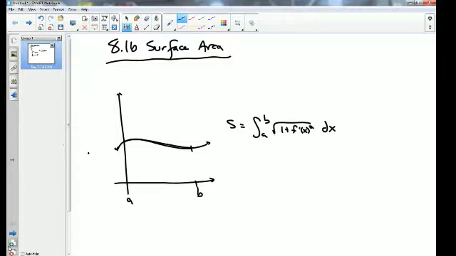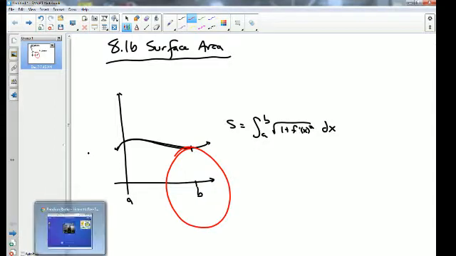Right. So the question of the day is, how can I use that to calculate surface area? And it's very similar to a volume of revolution. In a volume of revolution, we revolve this around an axis, and we end up with circle area, so our formula involves pi r squared.